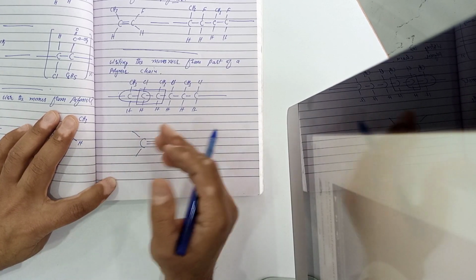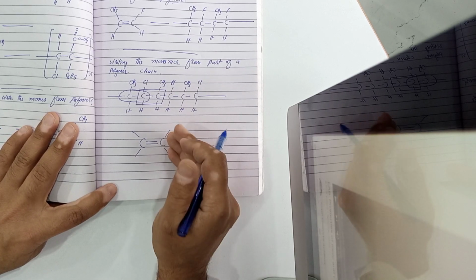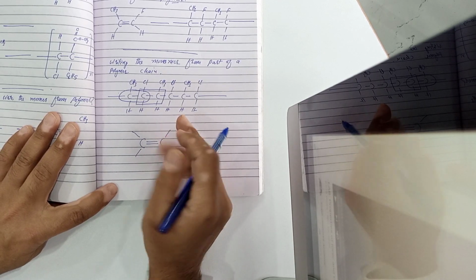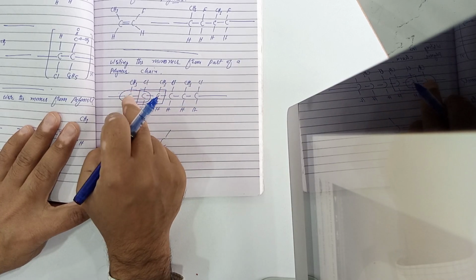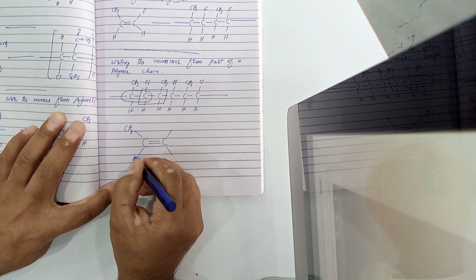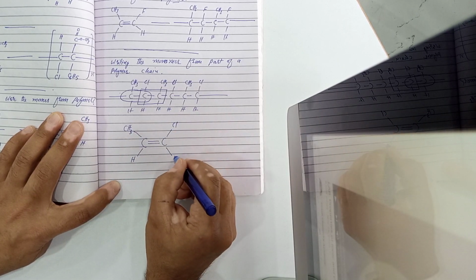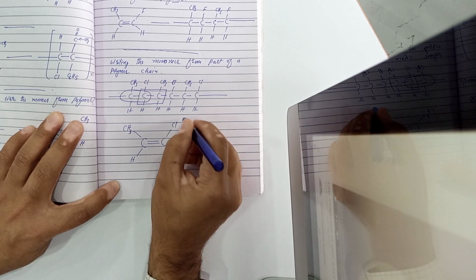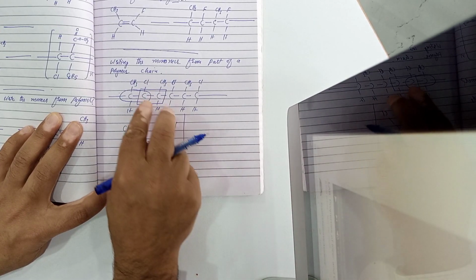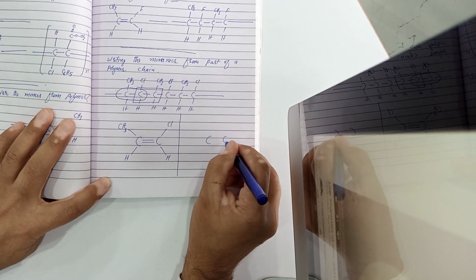Now place all the other groups and atoms as they were bonded previously. So we can see to the left side of the carbon we have CH3, and to the lower side we have H. To the right side of the carbon we have chlorine, and to the lower side we have H. If we choose the second and third adjacent carbon atoms, what will be that case?